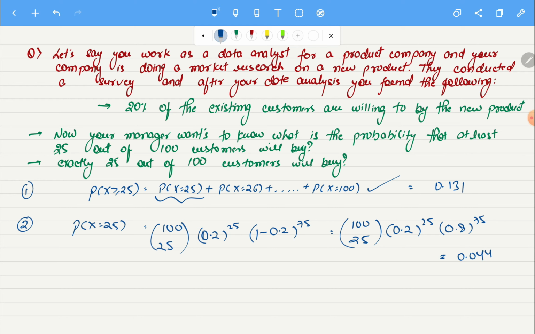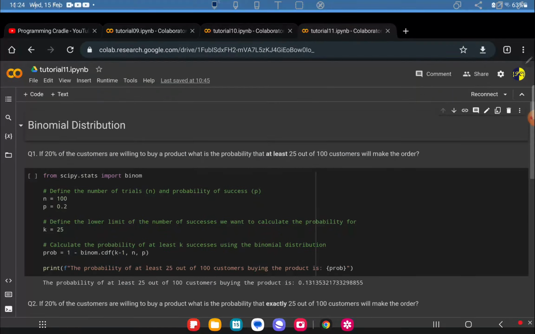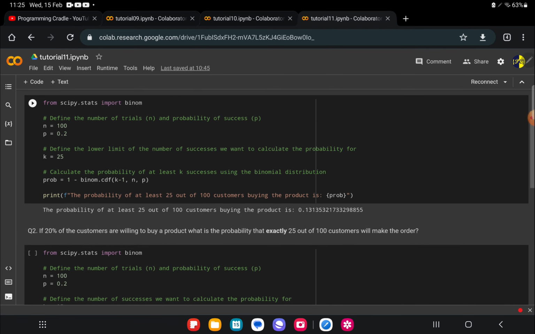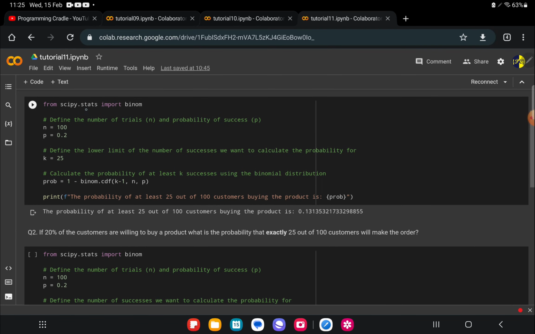So now let's move on to the notebook. So this is the first question. If 20% of the customers are willing to buy a product, what is the probability that at least 25 out of 100 customers will make the order? Here you can see this particular code. I'm using scipy.stats.